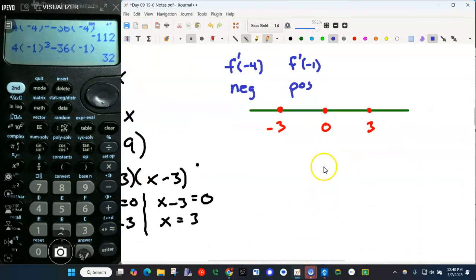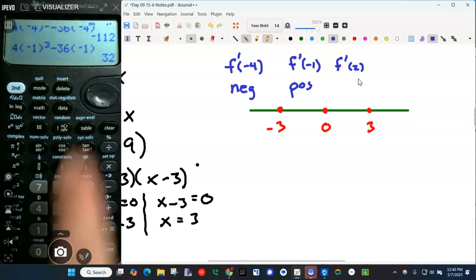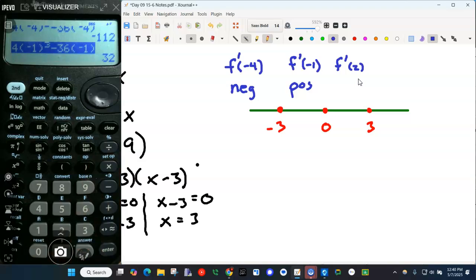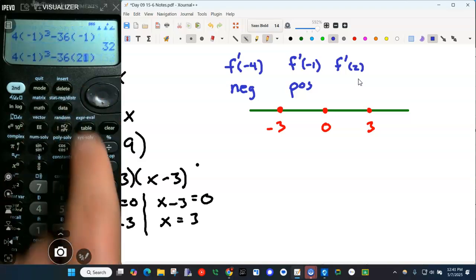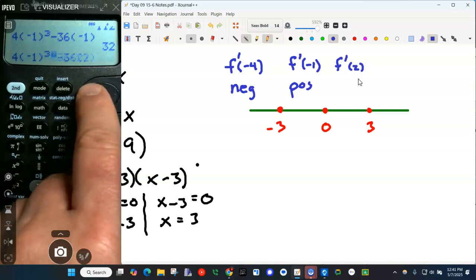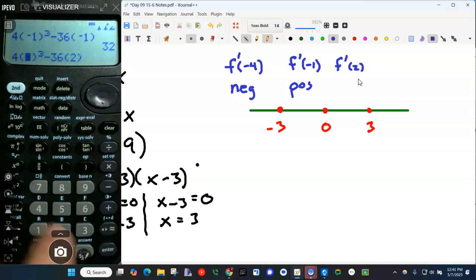And just keep going through the process. So pick any number between 0 and 3. Let's say f prime of 2. And go back here. F prime of 2. We get negative 40.